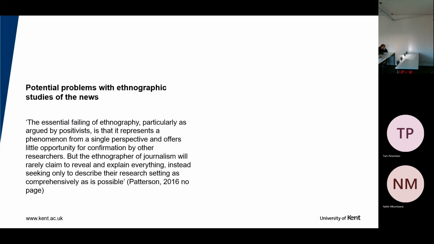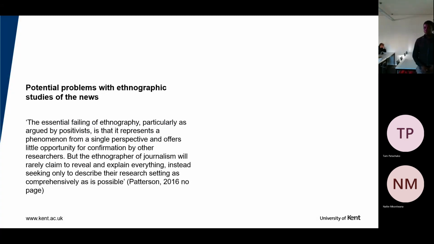Peterson said, well, the essential failing in ethnography, particularly as argued by positivists. Positivists, what are they? They are those who believe that there is a truth out there and it must be said just the way it is.